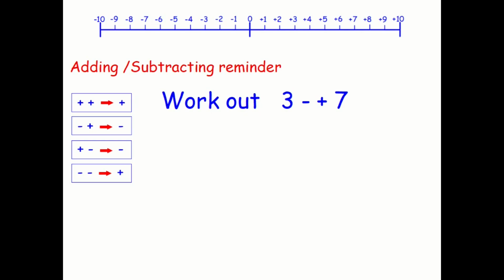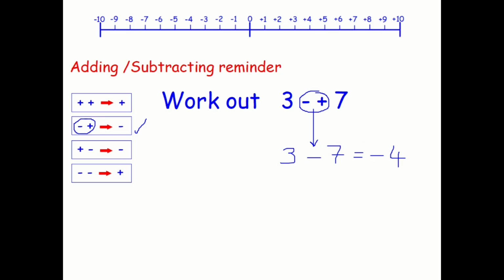When we're adding and subtracting, the rules were applied when the signs were right next door to each other. So here I would apply this rule here because you can see exactly the same up here, and I get a minus, so that becomes a minus. And then the question is just 3 take away 7, which gave me -4.